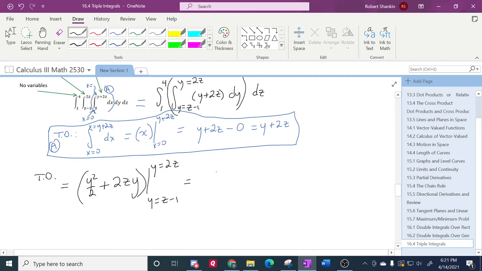Substitute the 2z in. I'm going to get 4z squared over 2 plus 2z times another 2z, minus, and then when I substitute z minus 1 in, I'm going to get z minus 1 squared over 2 plus 2z times z minus 1.